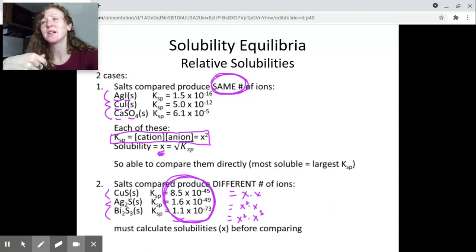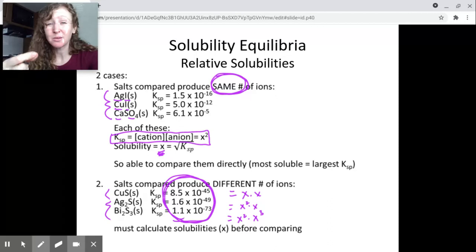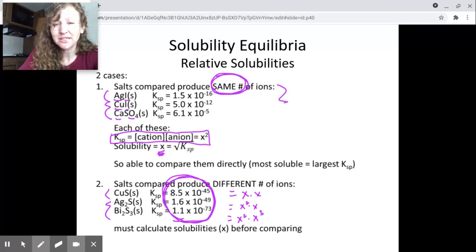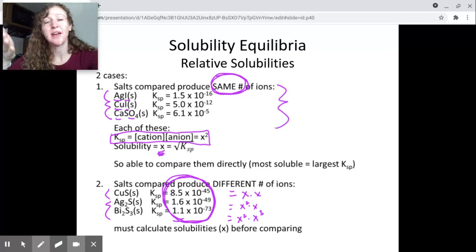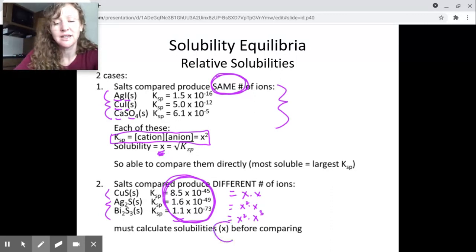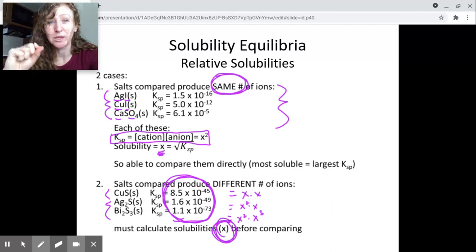So when you're communicating solubility, you really need to compare the X's, not the KSPs. You can compare KSPs as long as all your salts have the same number of ions, but you can't do that if they have different numbers of ions. You would have to calculate the solubility before you can compare it, right?